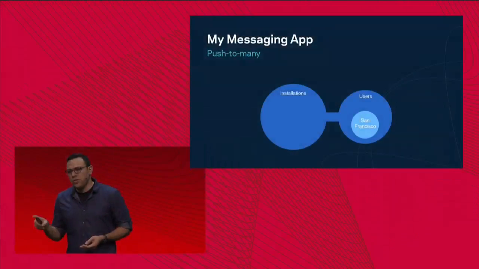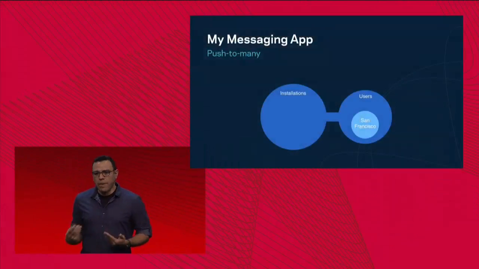A naive way of doing this would be to basically query for all users that have a city equal to San Francisco, and then for each of those users, call that function that we just created. That's going to work, but in a city like San Francisco, you might have hundreds of thousands of users. It's going to take a long time to go through each user and send them the same message.